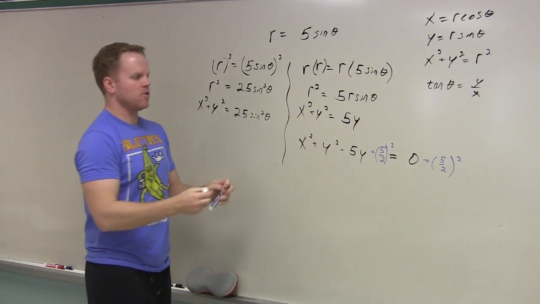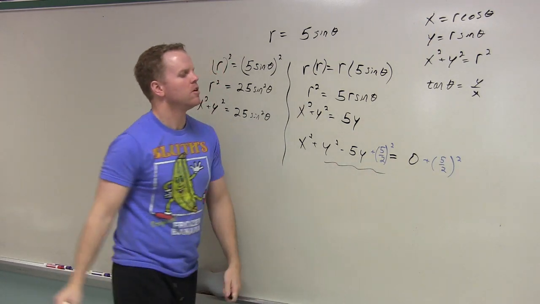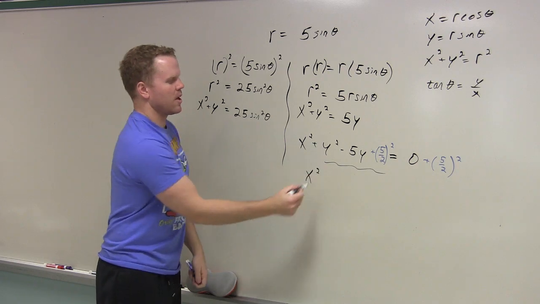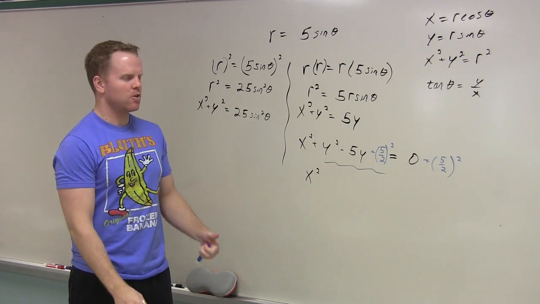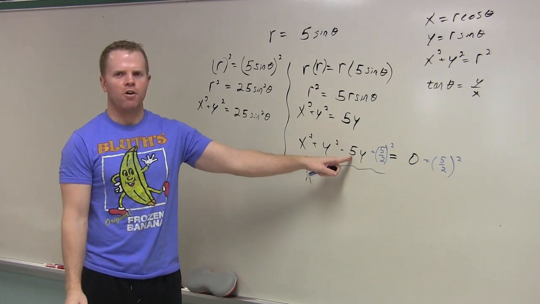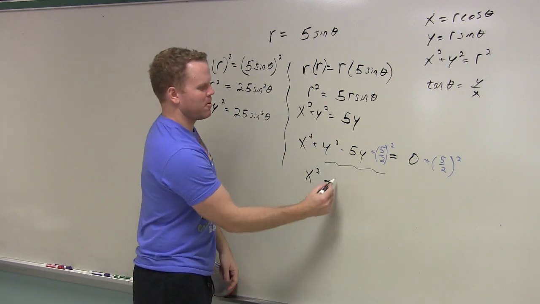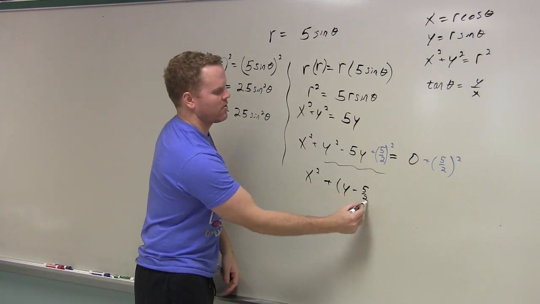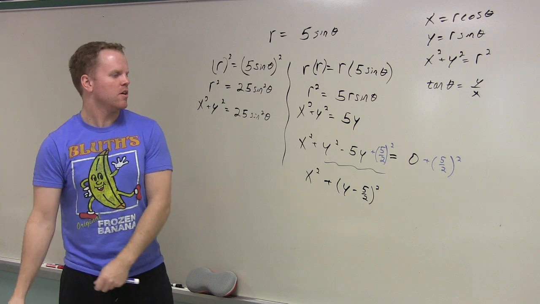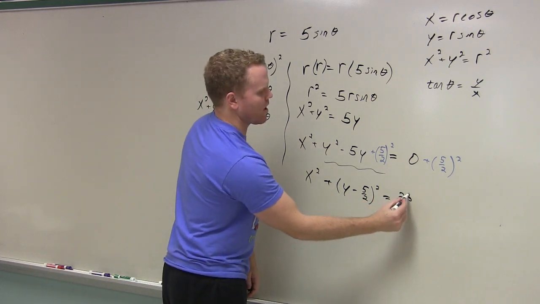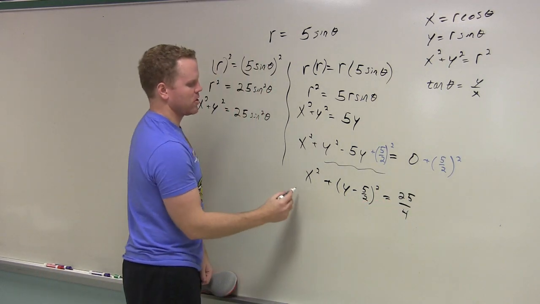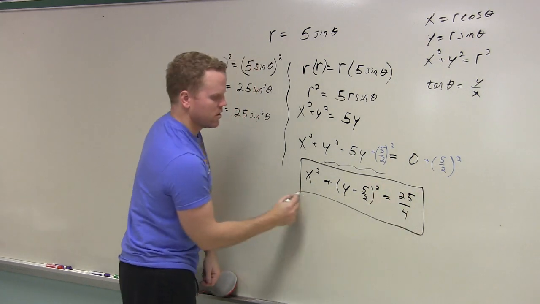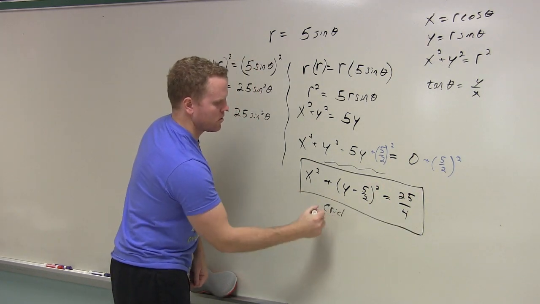And then if we just factor this expression, we're looking for 2 numbers that multiply together to be 5 halves squared and add up together to be a whole 5. That's probably 5 halves and 5 halves. And then this is just 25 fourths. And now we just have a circle. I can spell circle.